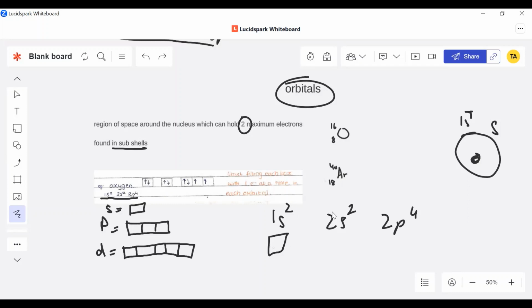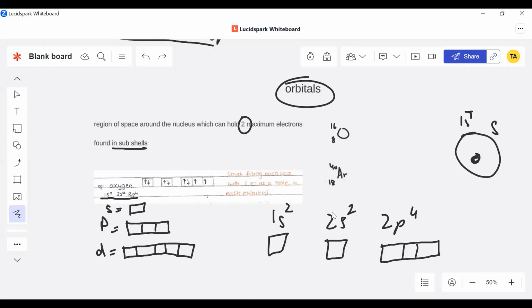So I'll write the orbitals first. So this is also an S subshell. The S subshell has one orbital. The P subshell has 3 orbitals, so I'll make boxes, and these are 3 different orbitals. Each orbital can hold a maximum of 2 electrons.